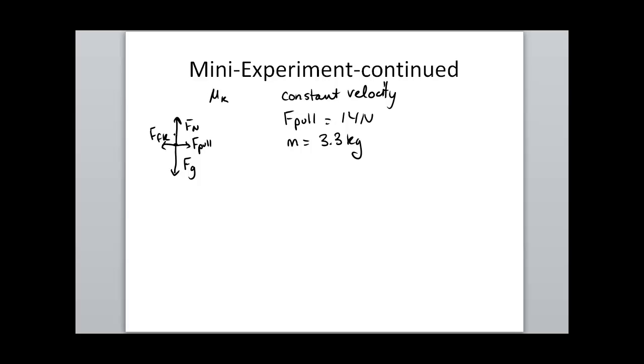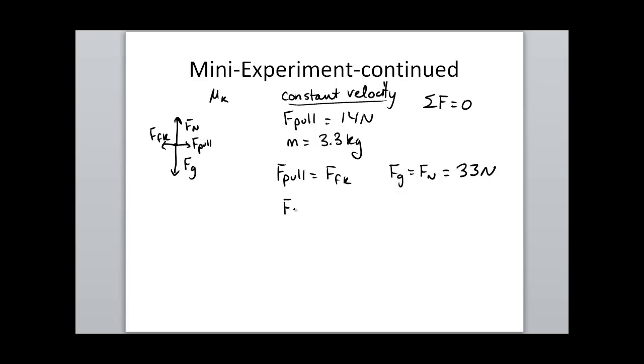Since it's moving at a constant velocity, we know that the net force needs to be equal to 0. So this tells us that the force of the pull has to be equal to the force of kinetic friction, and the force of normal has to be equal to the force of gravity, which we already determined to be 33 newtons from our previous solving of the static friction.